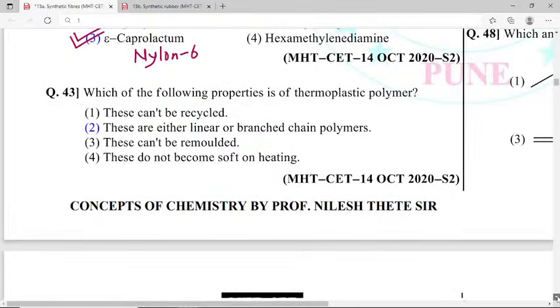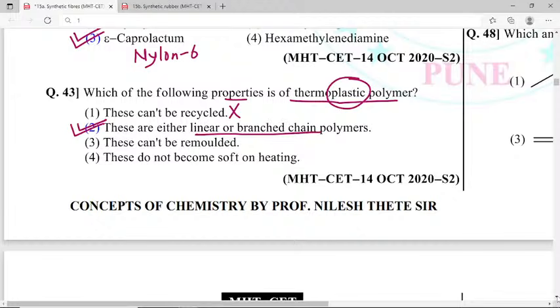Which of the following properties is of the thermoplastic polymer? This cannot be recycled: no, it is not correct. These are either linear or branched: yes, it is correct, for thermoplastic, but not cross-linked.